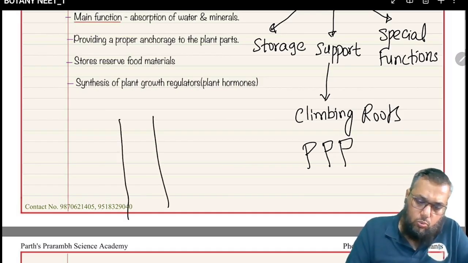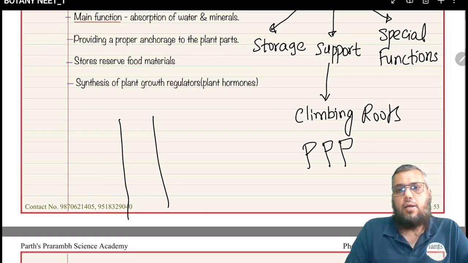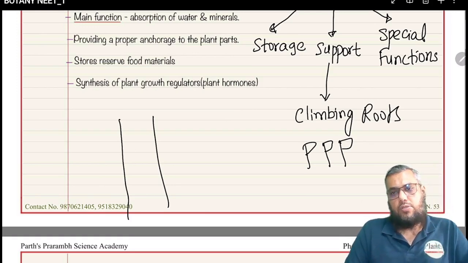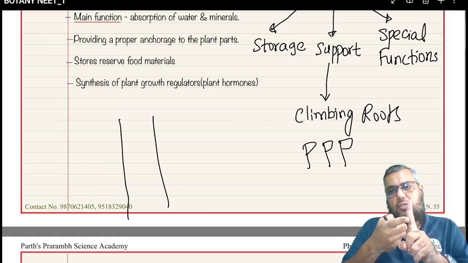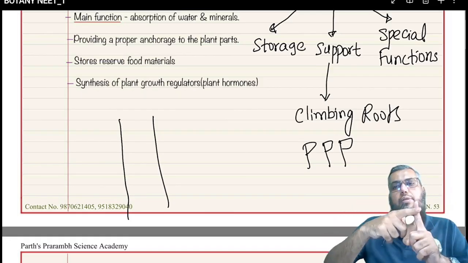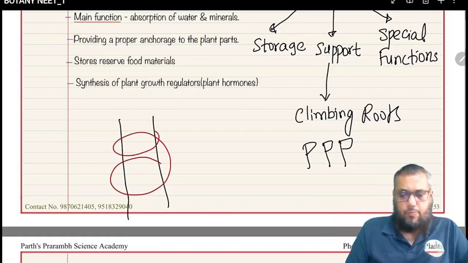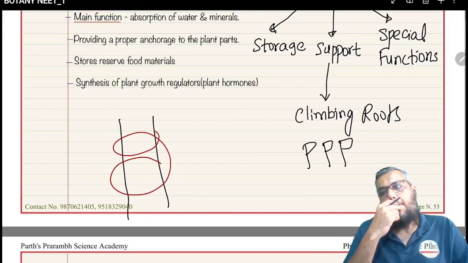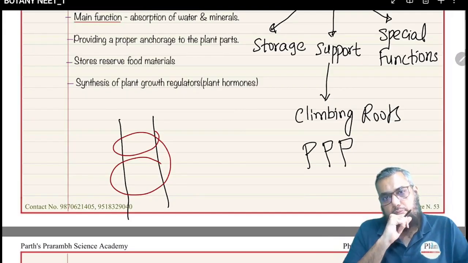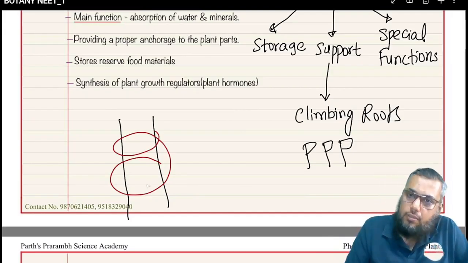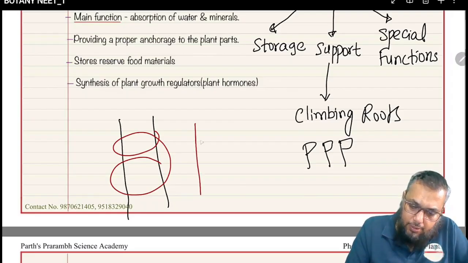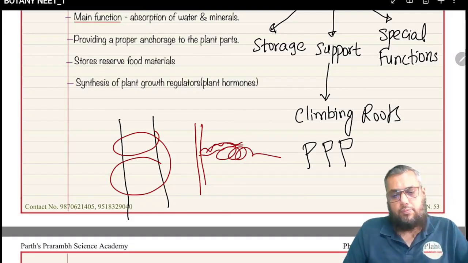So these roots are sensitive to touch. As soon as they touch, they coil over it and they give support. Okay, not this big. It's like in the case of money plant, you have these small roots, they come out and they coil over. So these are called the climbing roots.